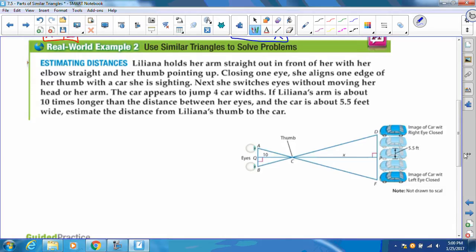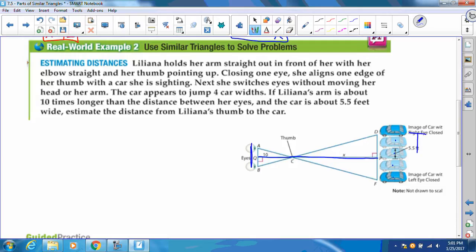Okay, so here we have this picture. Here are her eyes, right here. Here's the distance from her eyes to her thumb, okay? Here's the distance then from her thumb to the car. And then this is where she was looking at the car, and then it looked like it jumped 1, 2, 3, 4 car widths.